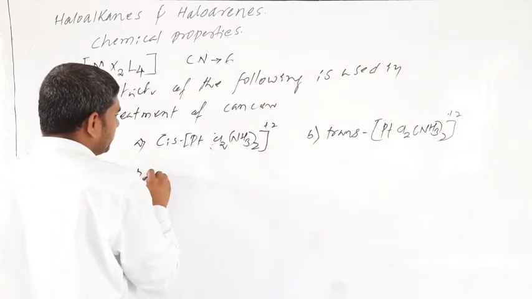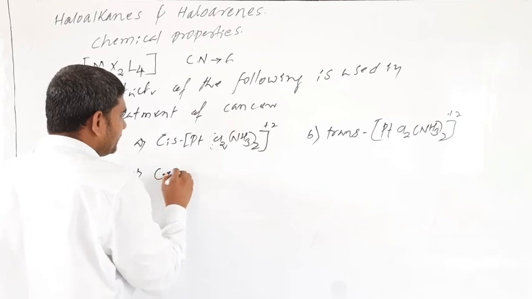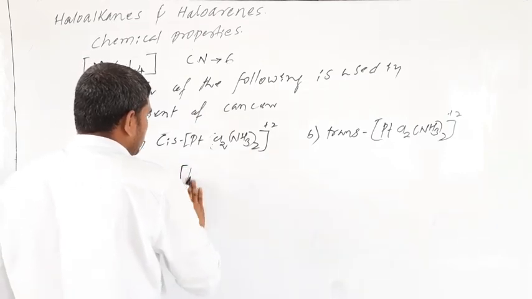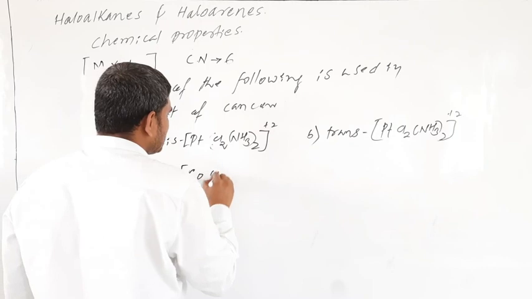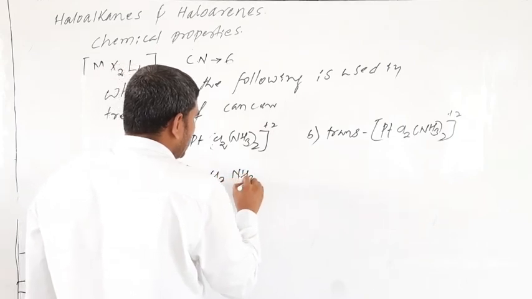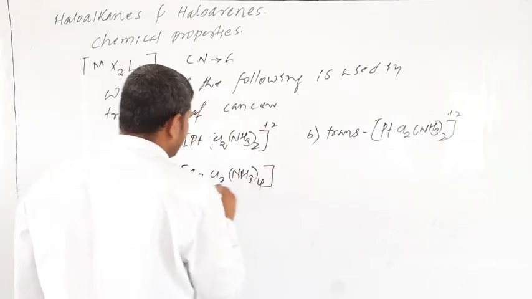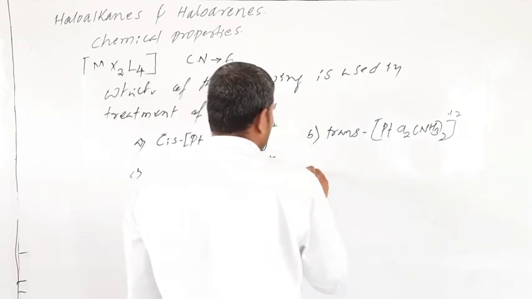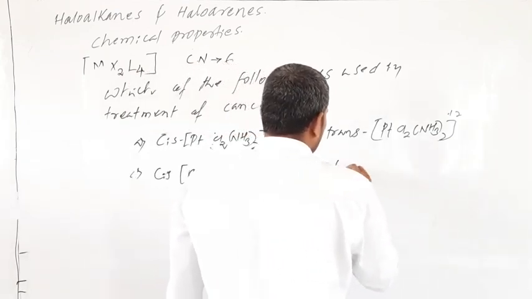C, cis CoCl2 NH3 4 times plus 1. D, none.